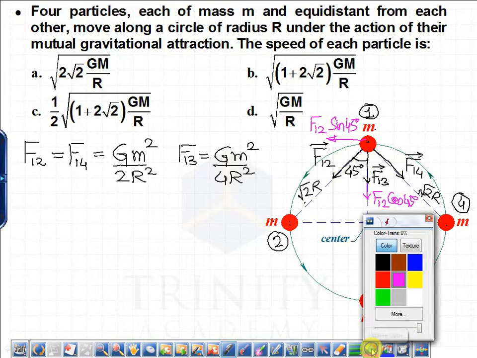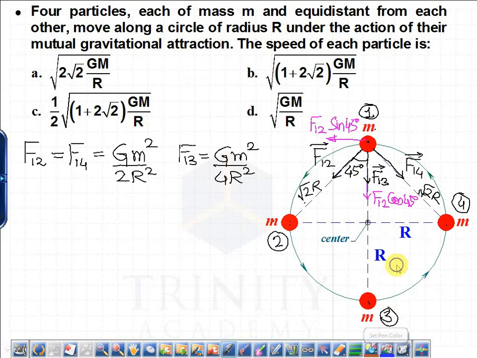Likewise, if we notice the components of F14, one of its components will be horizontal, equal to F14 sine 45 degree, and another component will be vertical, again towards the center, which we will write as F14 cos 45 degree.